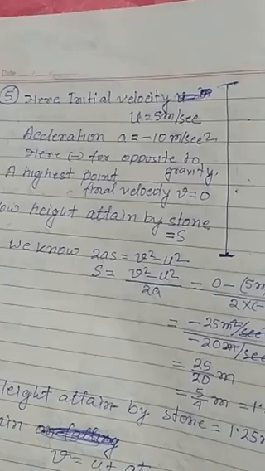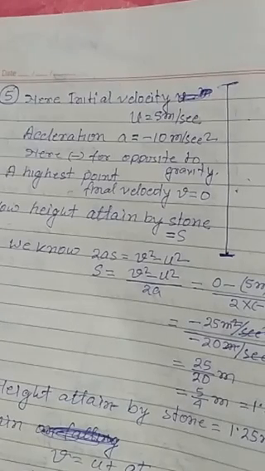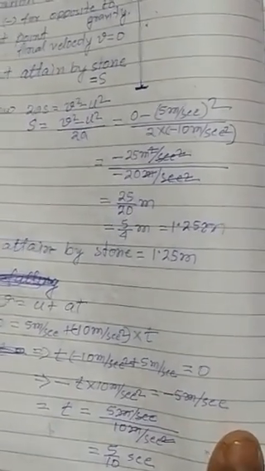What will be the height attained? We know 2as equals v squared minus u squared. So the height is 1.25 meters.